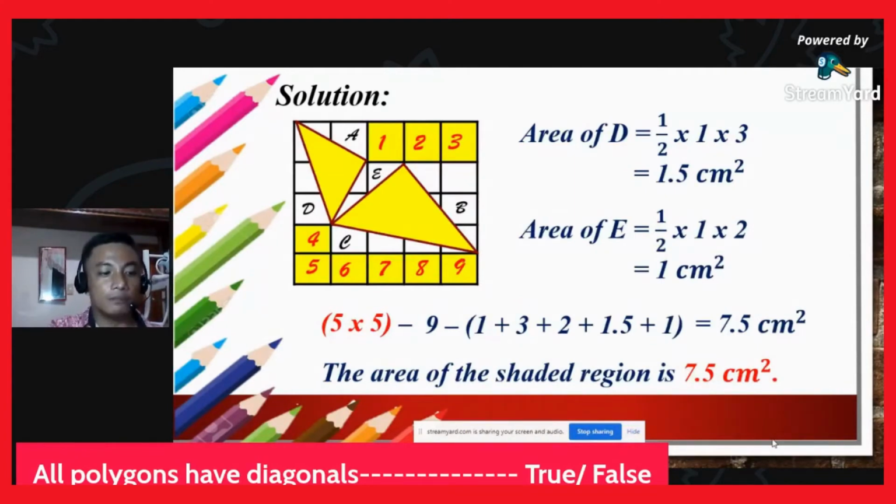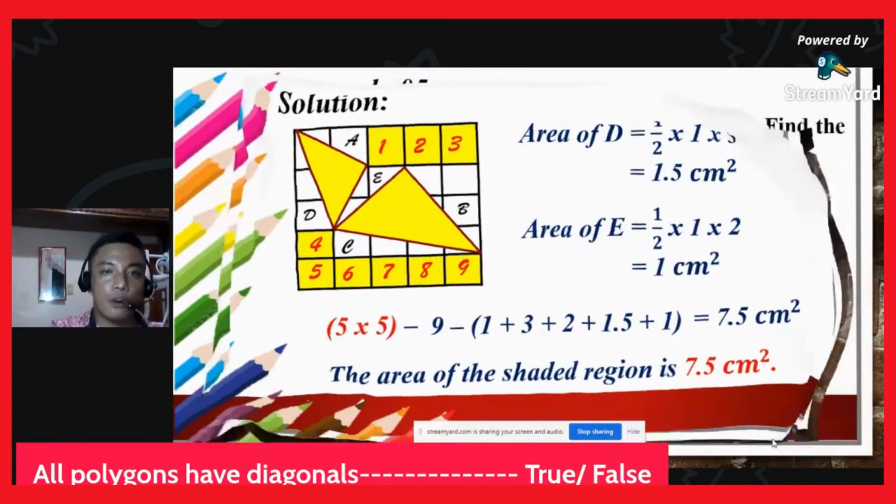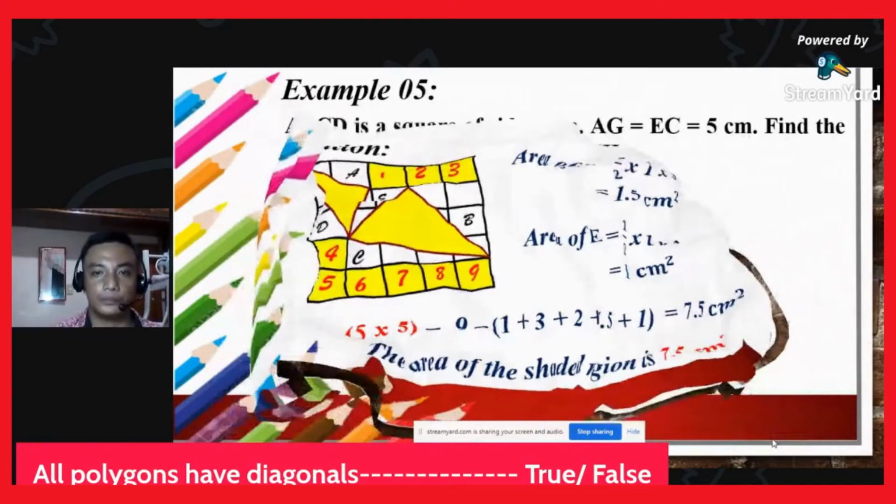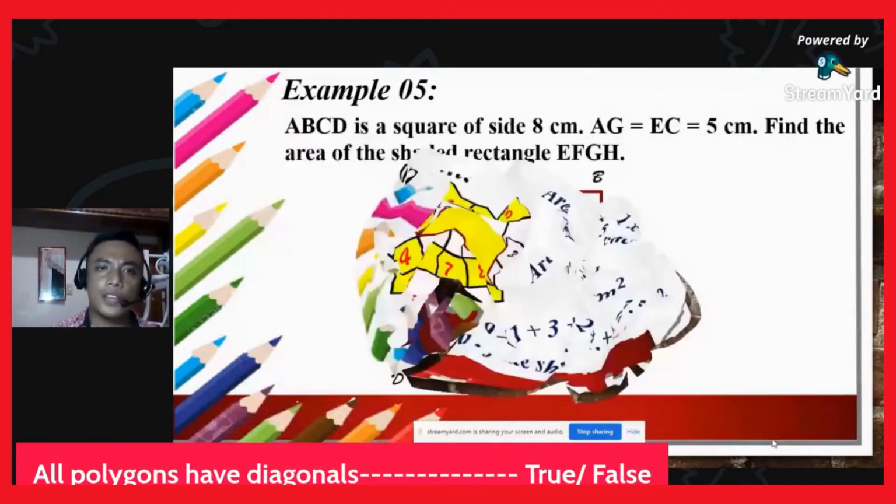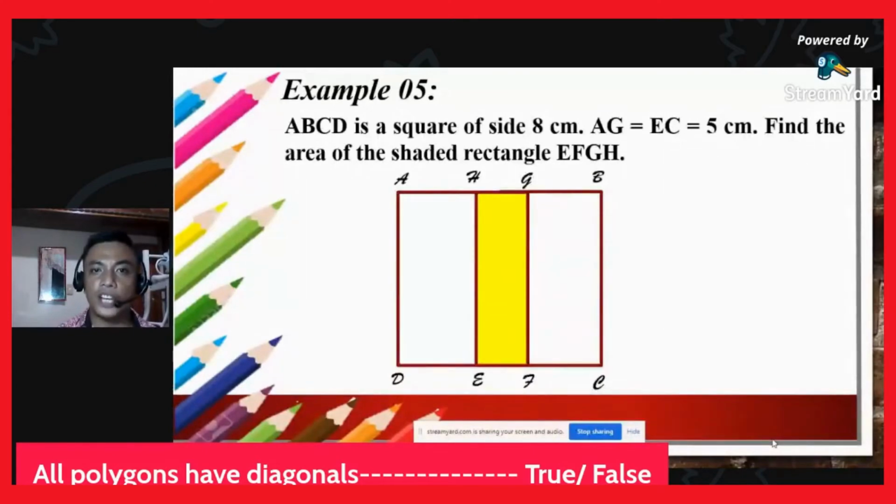Are there questions? We'll now proceed to example 5. What do you think is the area of the shaded rectangle based on the figure? The problem is: ABCD is a square of side 8 centimeters.